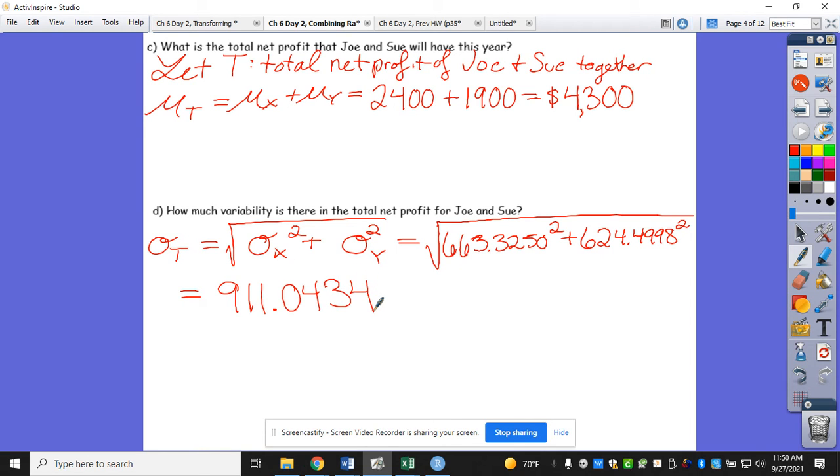And what are my units still? Questions on that problem?